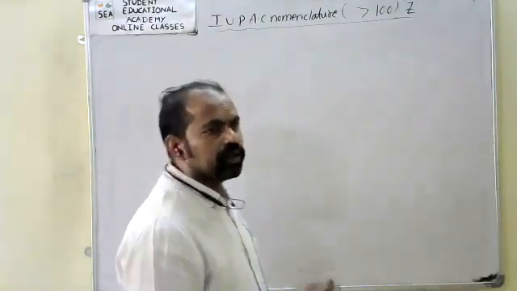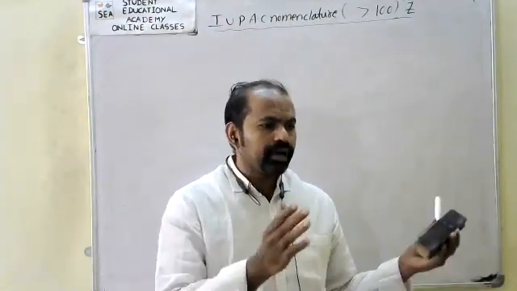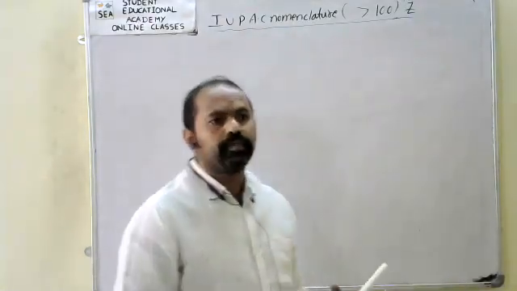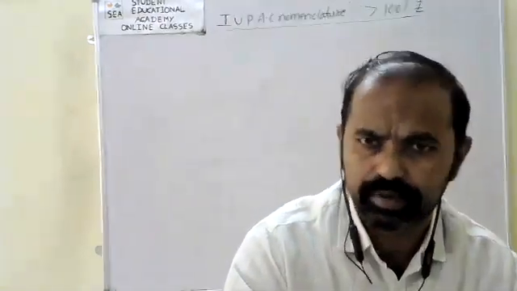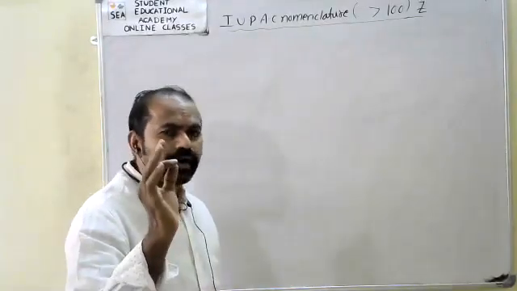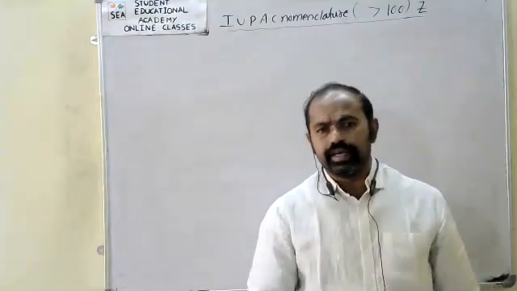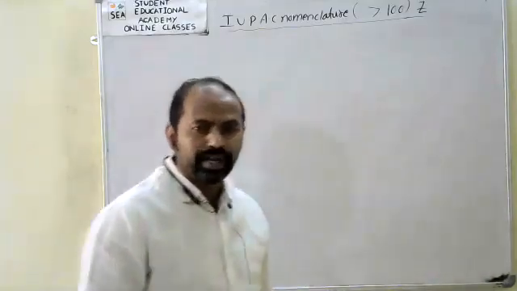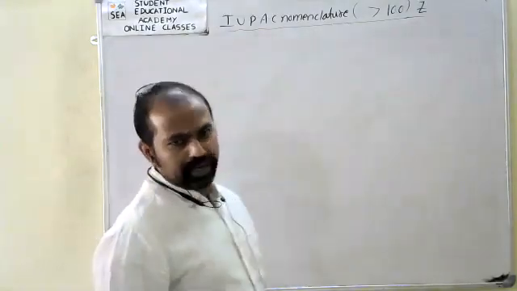Generally, elements with atomic number more than 100 are highly unstable and are obtained in minute, very small quantities.